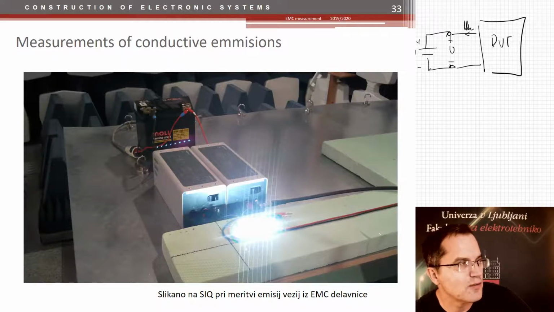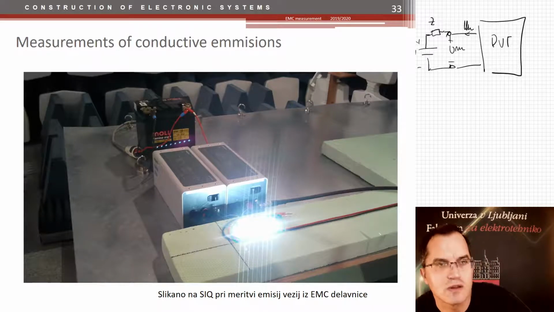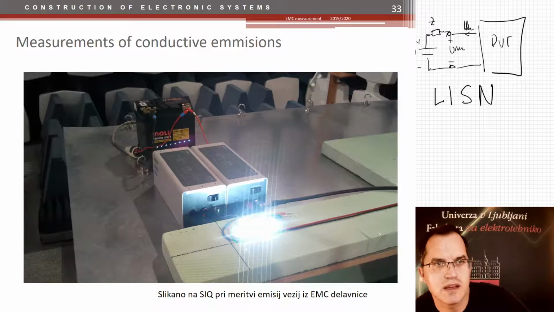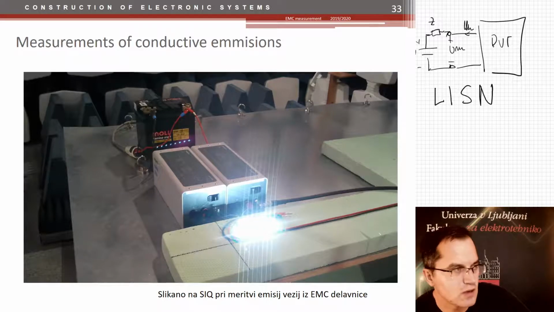Instead of an ideal voltage source, we add a non-ideal voltage source which has some defined impedance. And then this noise would be transferred to a noisy voltage as well. Now, these voltage sources that we use for such a purpose are called LISN, or line impedance stabilization network.